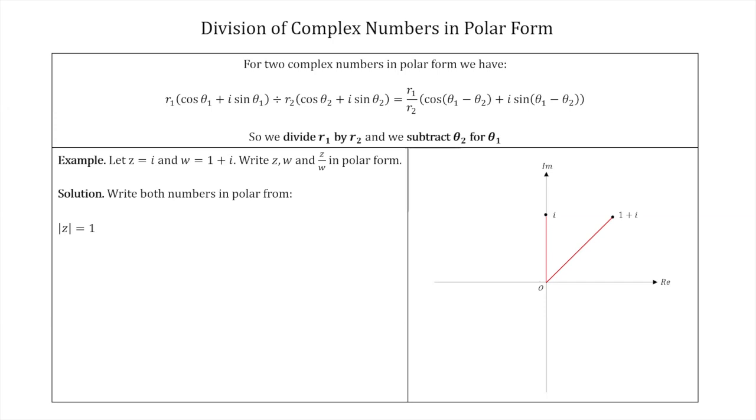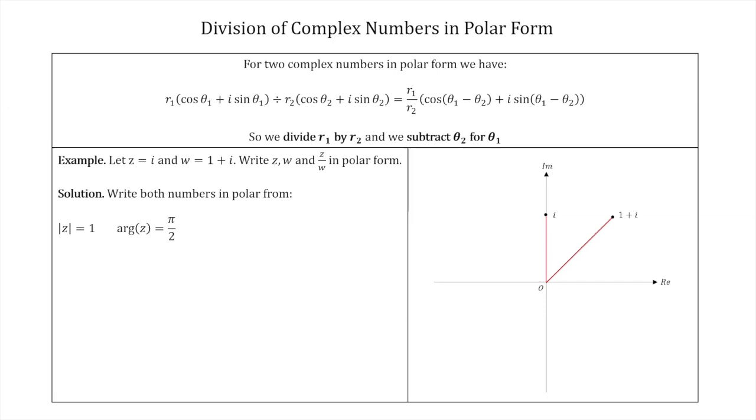And what about the argument? We denote that by arg of z. This is shorthand, a function, for the argument of z, the principal argument. And it is equal to pi over 2. Because, as we said in the previous video, if the number lies on the positive imaginary axis, then the argument, which is the angle measured from the positive real axis to the line from the origin to the number, is just 90 degrees.